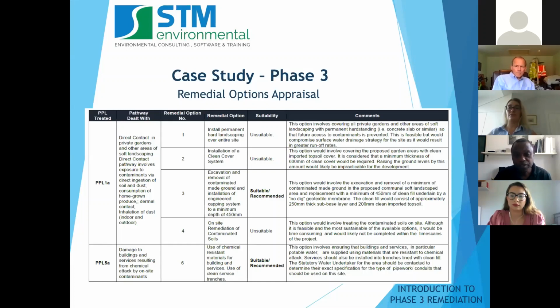So this was the options appraisal, where we're looking at how we're going to deal with the contamination we've identified, and we came up with an engineered capping layer, option 3, which would involve excavating 600 millimeters of the contaminated soils. We've proven the made ground went down to 1.3 meters, so 600 mil was only some of it, but then we'd build that up with a barrier and some clean topsoil.